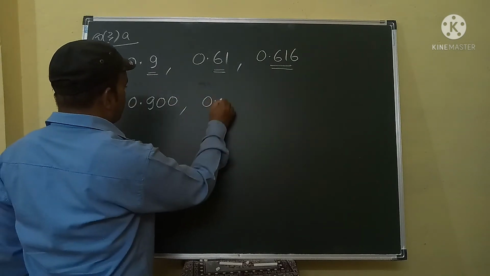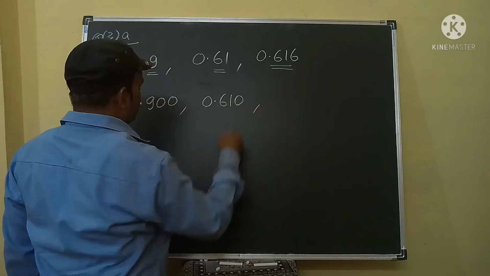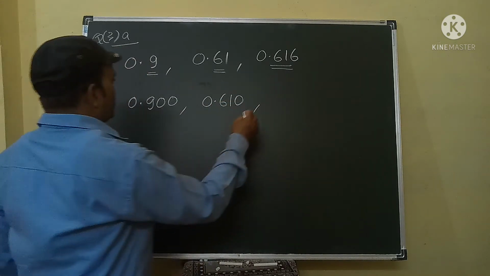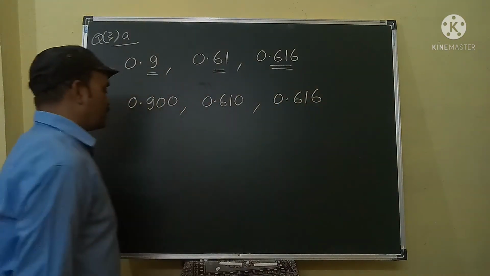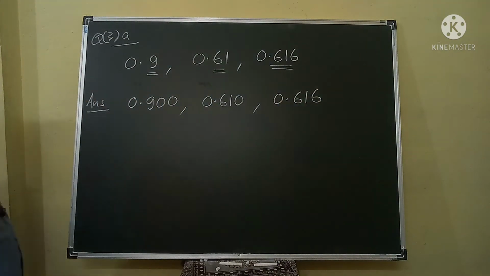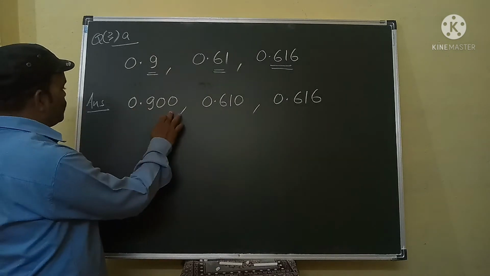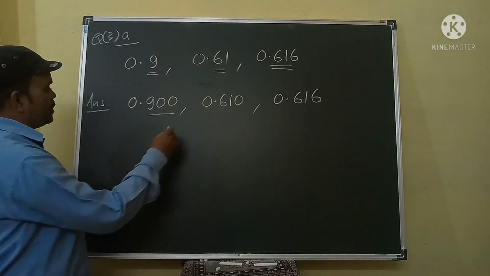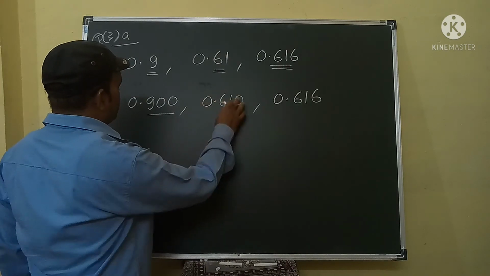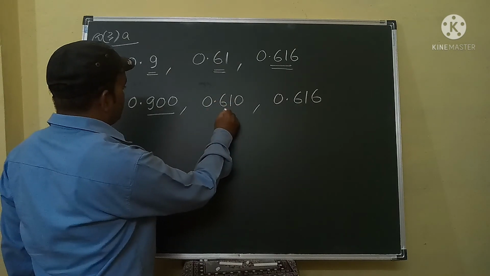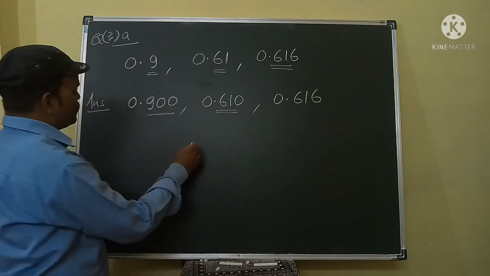0.61 we can write as 0.610, and this is 0.616. As you are looking, after the decimal point the number of digits is 3. In the second decimal number, after the decimal point the number of digits is 3.